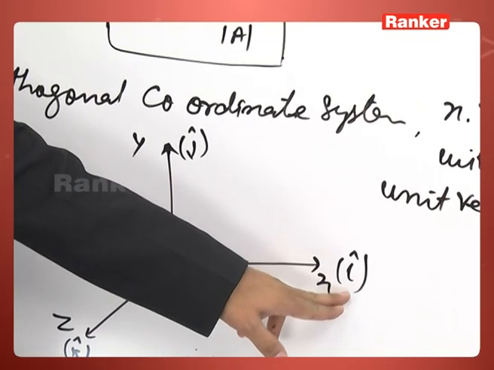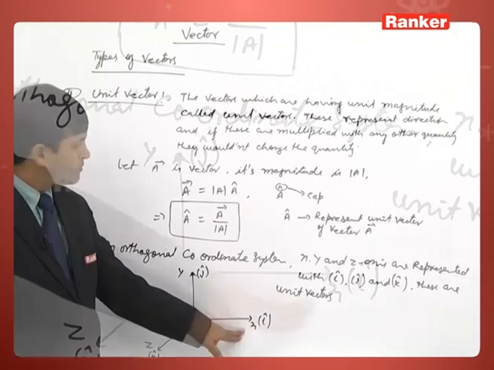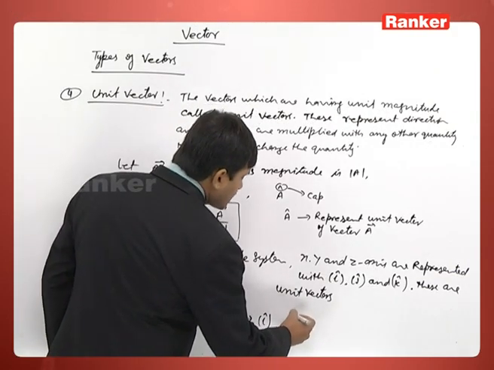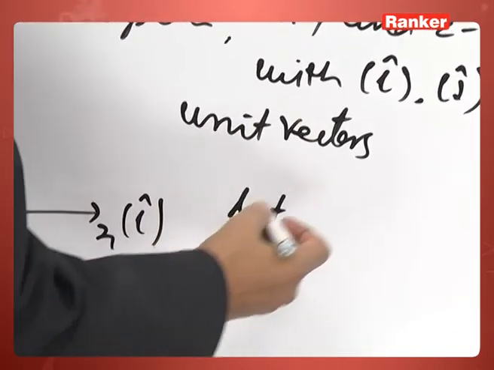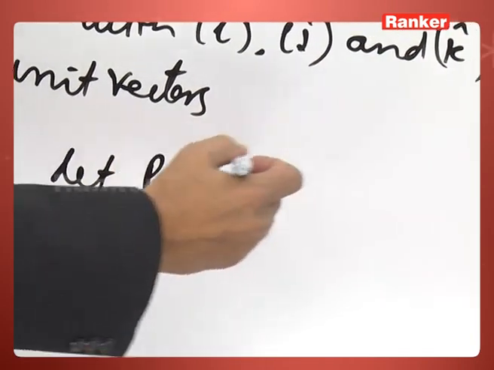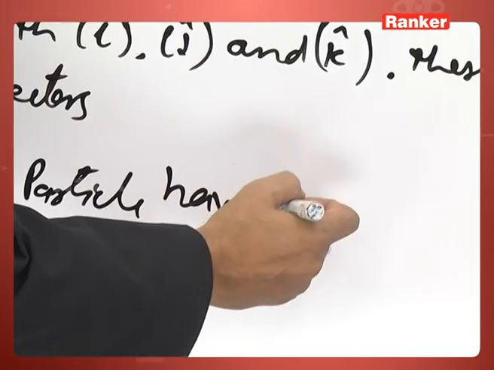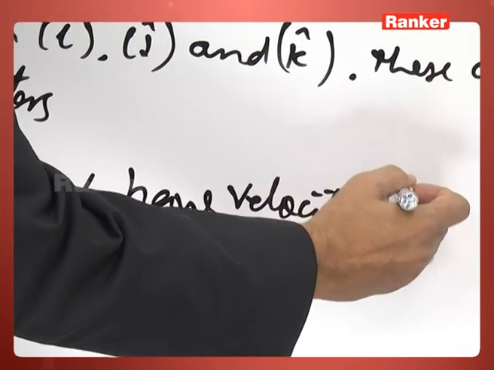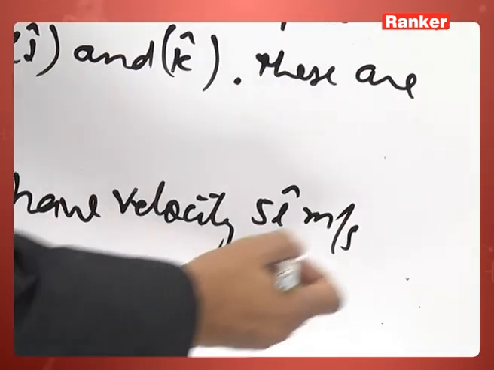Whenever the i cap has magnitude 1 and its direction is along x. So, for example, suppose a particle has velocity 5 i cap meter per second.